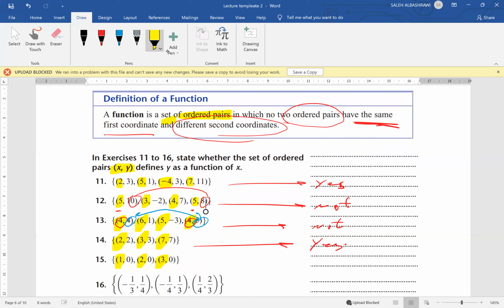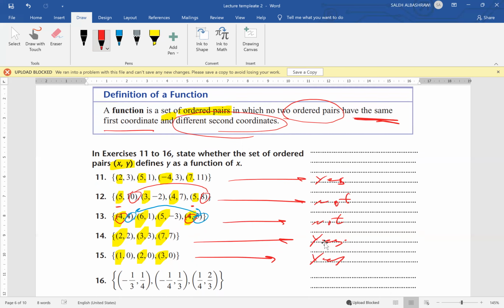These are different, so yes, it is a function, even though the second coordinates are the same, because this is not important. For the definition of a function, we look at the first coordinate only. If all the x coordinates are different, then it is a function. If two ordered pairs have the same first coordinate, then I have to check the second coordinate for these two ordered pairs.